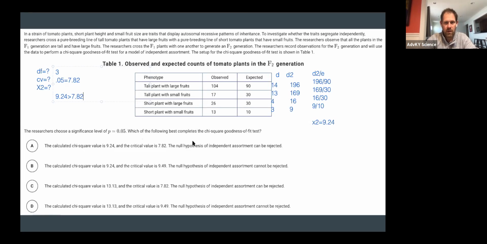So I'm going to reject this null hypothesis. These deviations in the observed are bigger than what I could tolerate. So I'm going to reject that hypothesis that says this is a 9:3:3:1. Any questions on any of that?